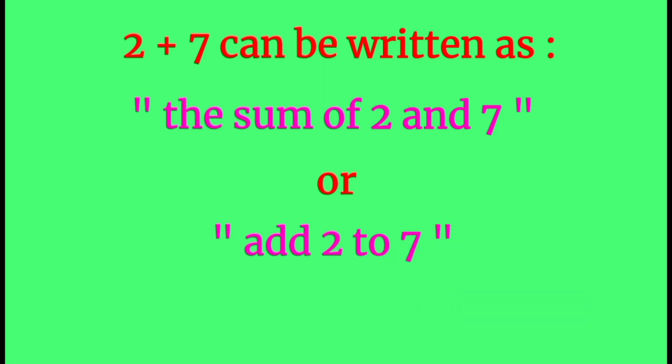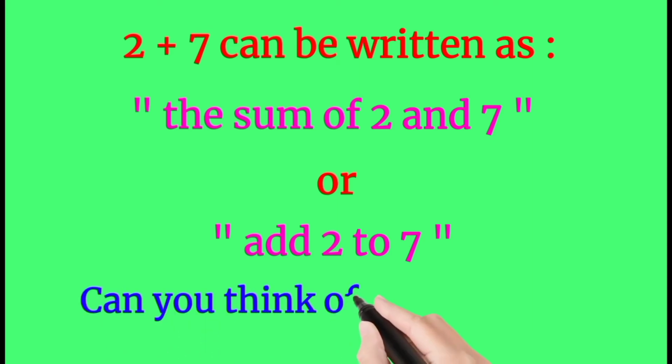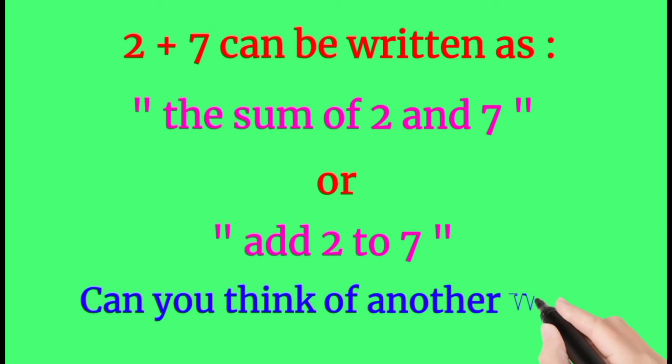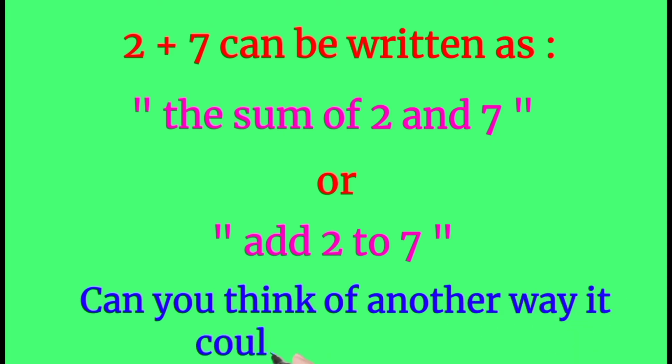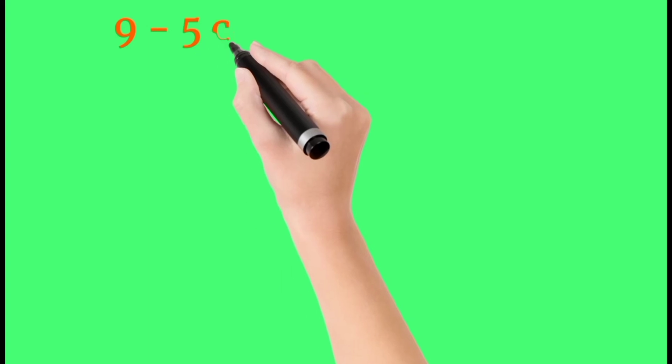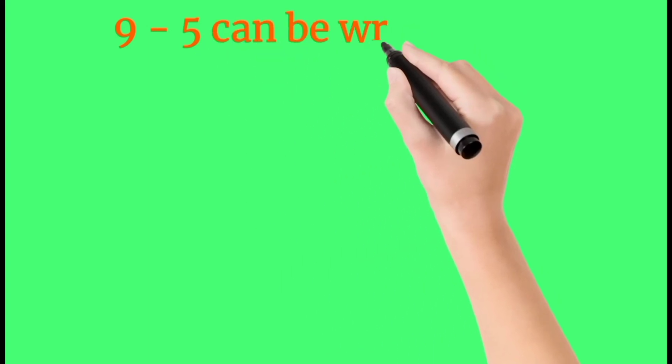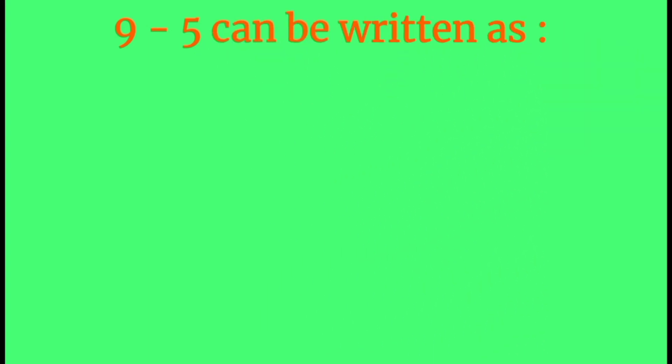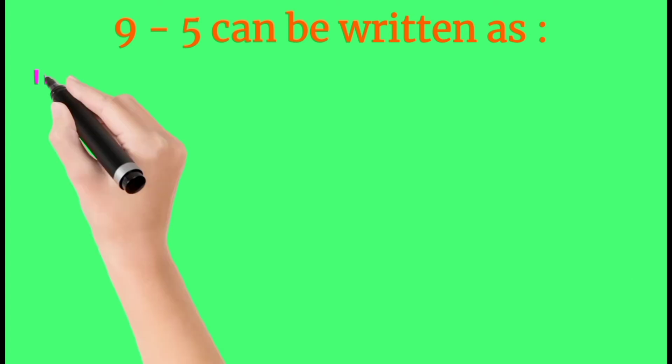Or you can also write it as add 2 to 7, or we can also say add 7 to 2. There are other ways that this particular numerical expression can be translated, so I need you to think and provide me your own answer.